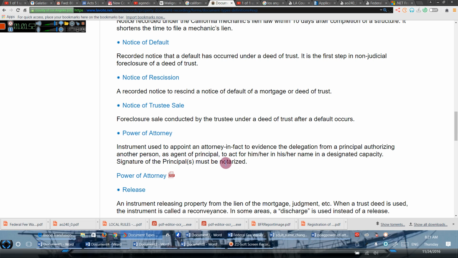The signature of the principal must be notarized. Well, ladies and gentlemen, my power of attorney was notarized. That's the only requirement. This is not my requirement. This is, hold on.